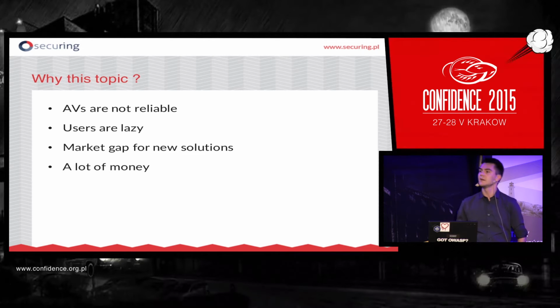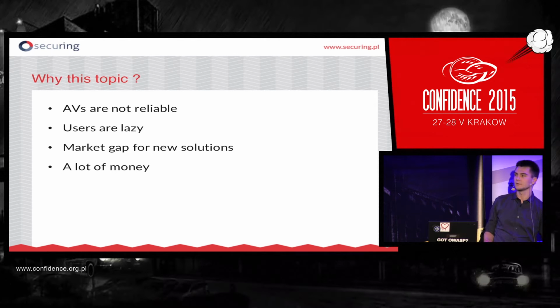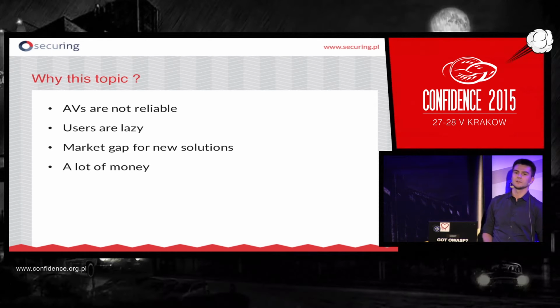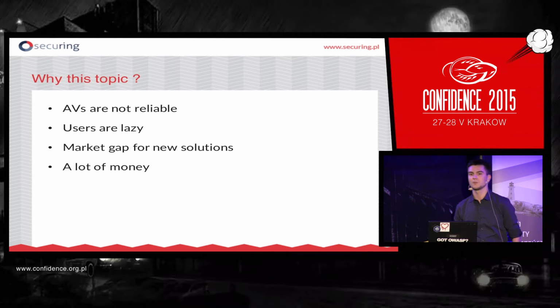The solutions which work in the browsers, which are clientless, in the sense that you don't need to install any standalone application. You are just a simple client who opens the banking website, and all the magic, the malware detection mechanism, is done automatically. And the last thing is there is a lot of money in the banking industry.